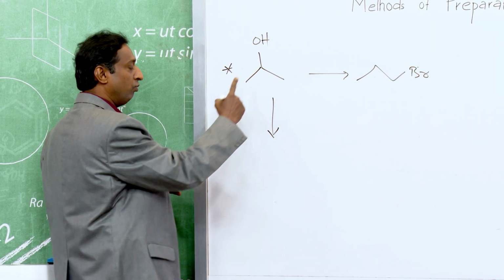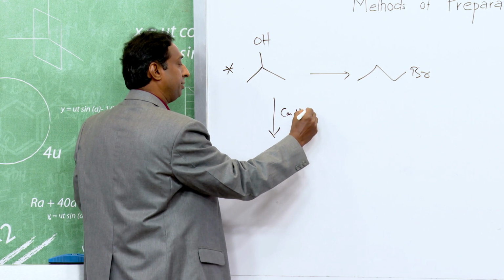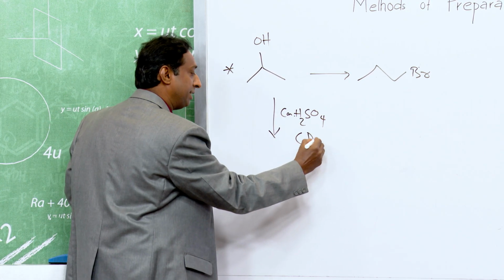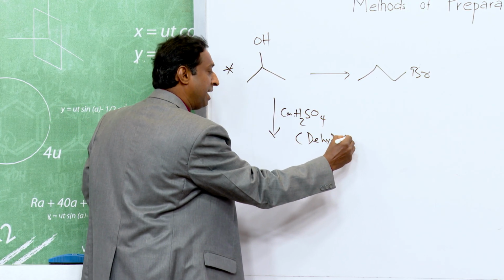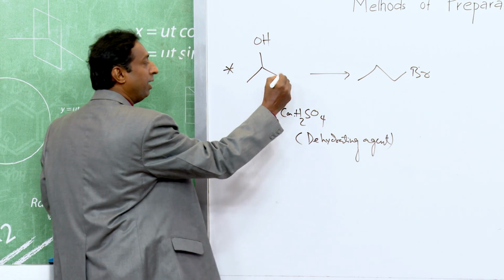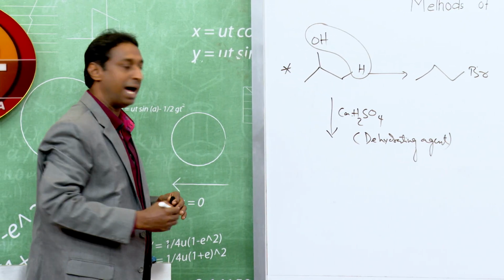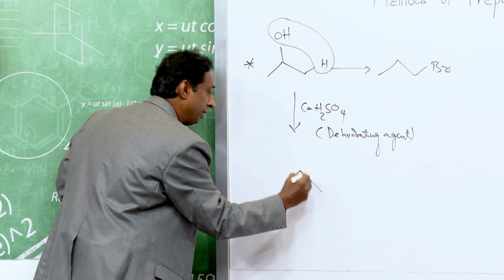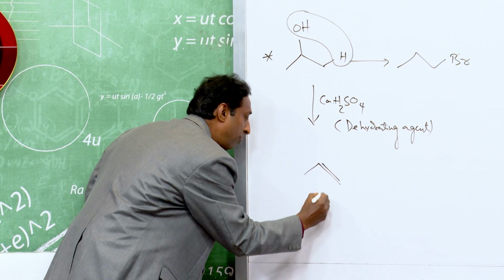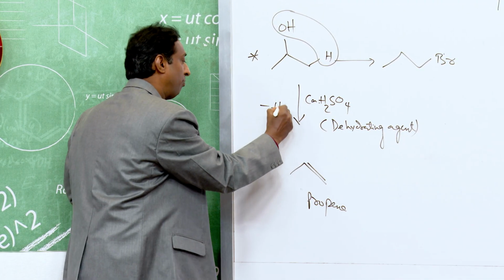Very simple. First of all, you use concentrated sulfuric acid. Concentrated sulfuric acid is a dehydrating agent. So, what will it do? It will simply remove a water molecule from the isopropyl alcohol, giving rise to this compound, which is called propene, by dehydration, removal of water.